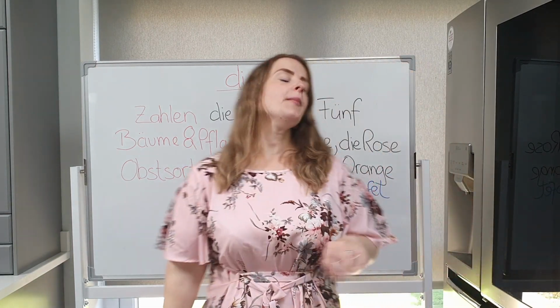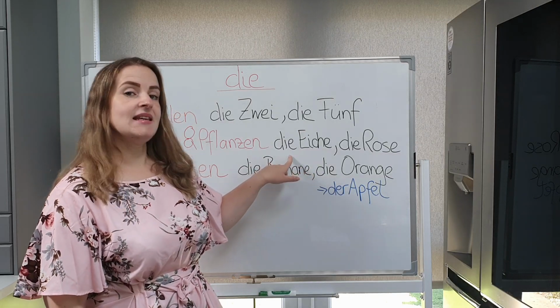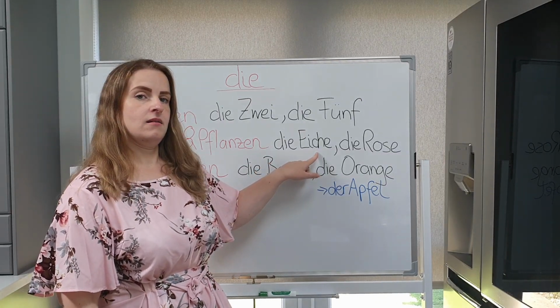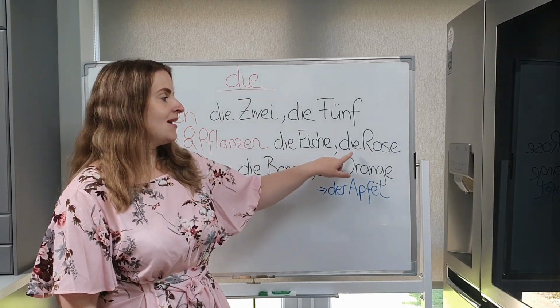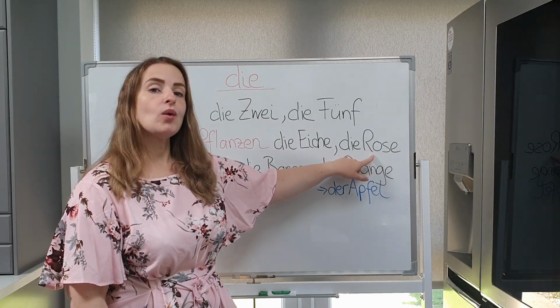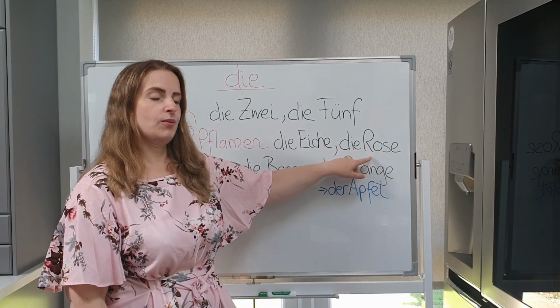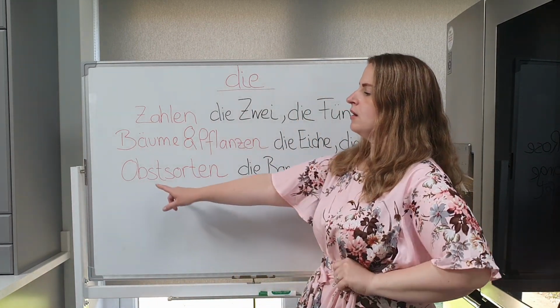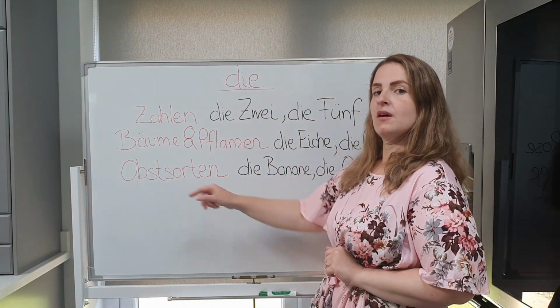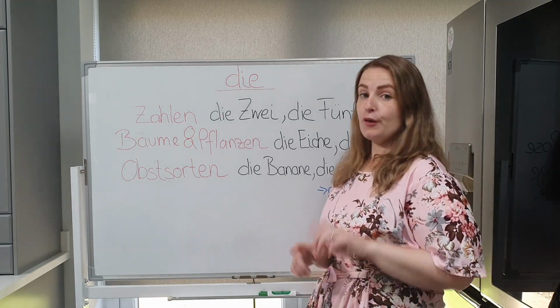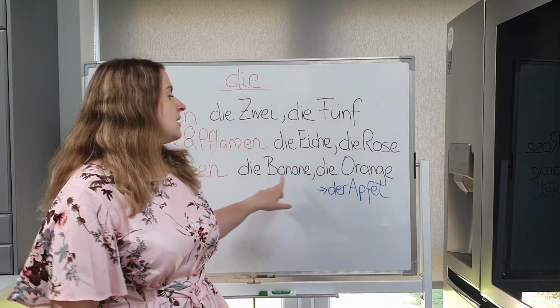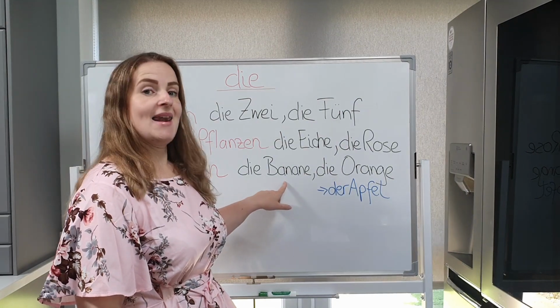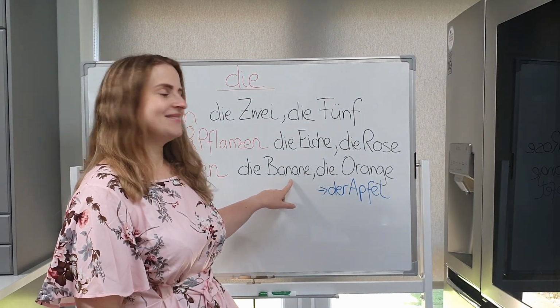For example, die Eiche, the oak tree. Die Rose, the rose. We also use the article die for Obstsorten, fruits. For example, die Banane, the banana.